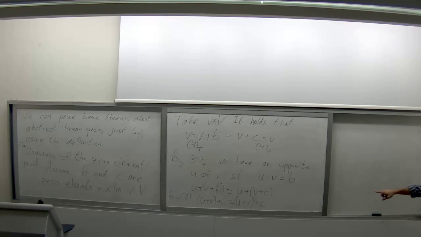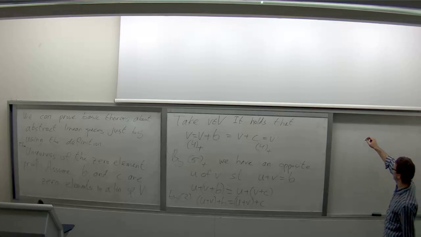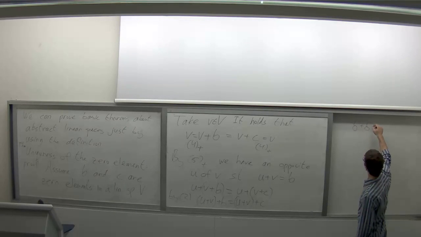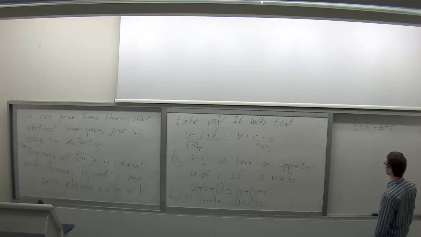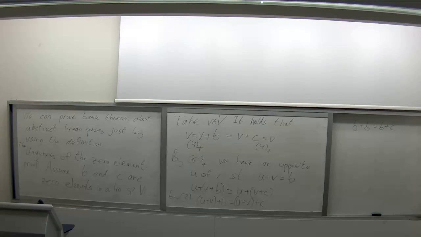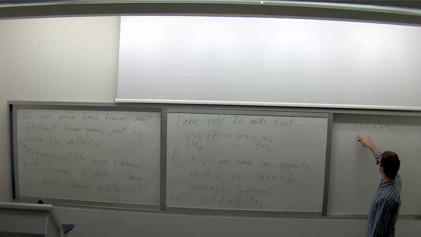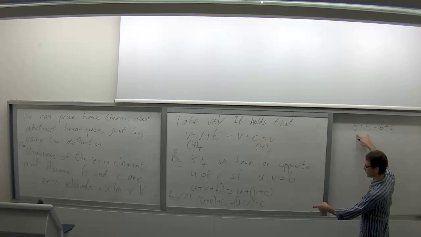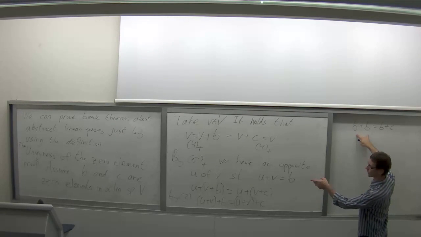Now, what is u plus b? It is b. So we have u plus b equal u plus c, that is, b equals c. Now, what is b? b is a zero element, and under plus it makes no change.